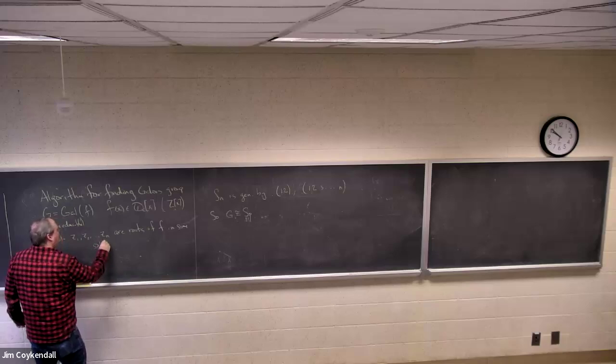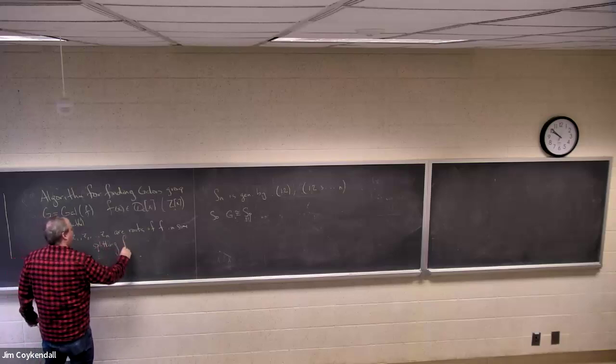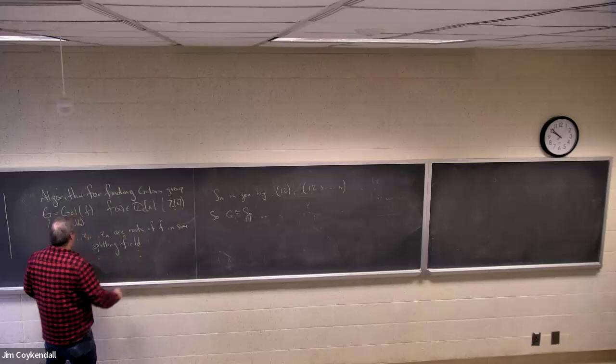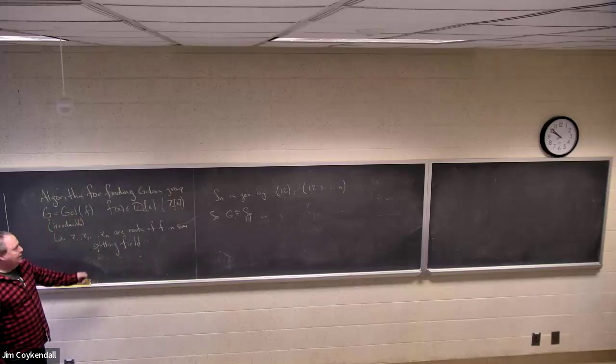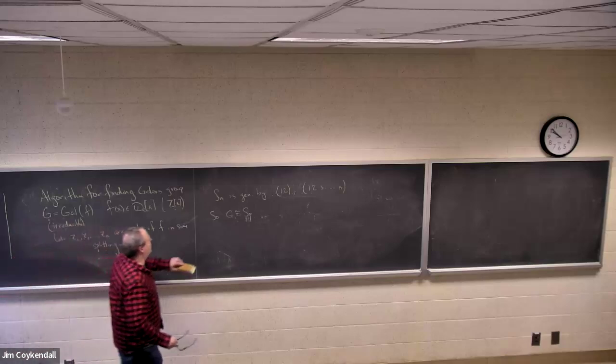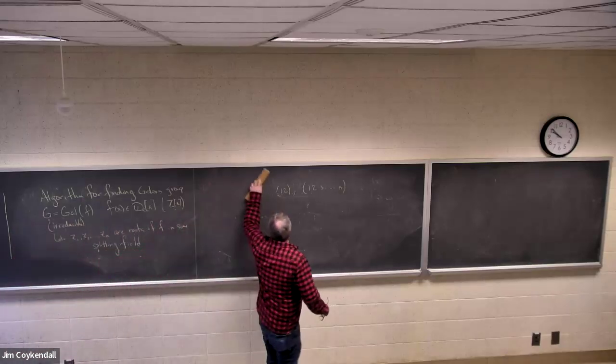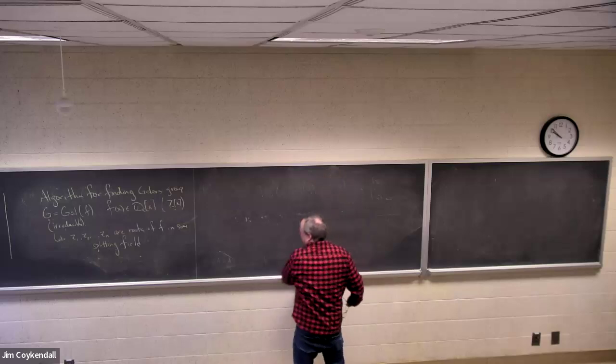Let me point out at this point that these are all distinct because Q is characteristic 0, and we assume that f is an irreducible polynomial. So all the c's are different.